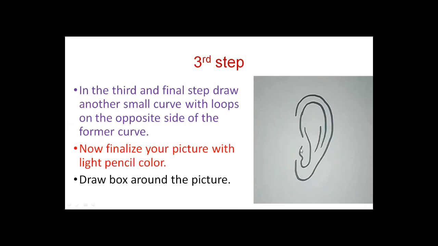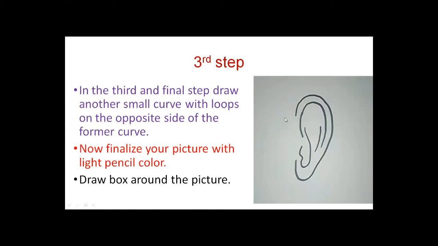These loops are on the opposite side of the former curve. These loops are on the opposite side of the previous curve. Now finalize your picture with the light pencil color. Okay, finalize the picture with the light pencil color, and different lines show the actual picture of the ear.